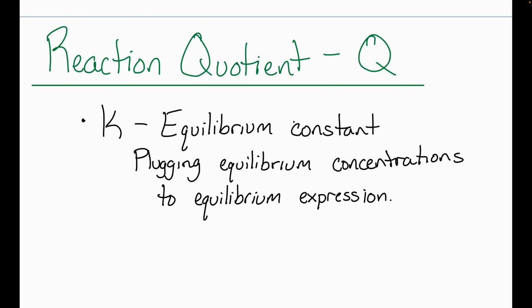Right? Products over reactants, coefficients become exponents. If we do a reaction and measure the values at equilibrium, we plug those in. That's the magical thing about equilibrium: we always get that same constant value if we plug equilibrium concentrations into our equilibrium constant expression.